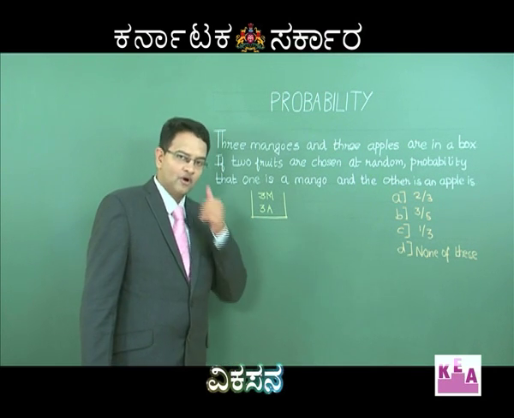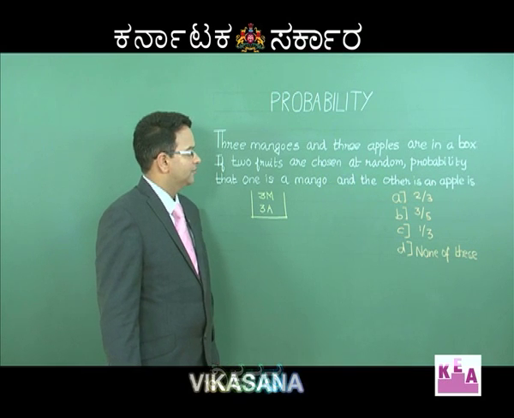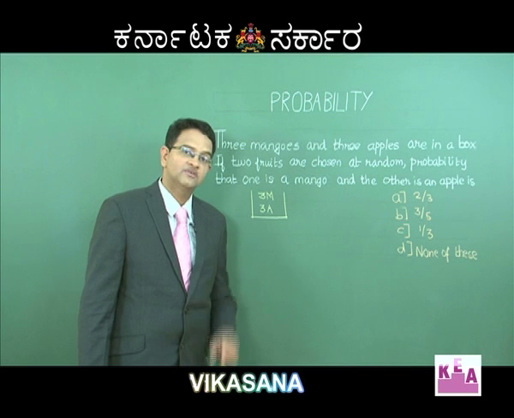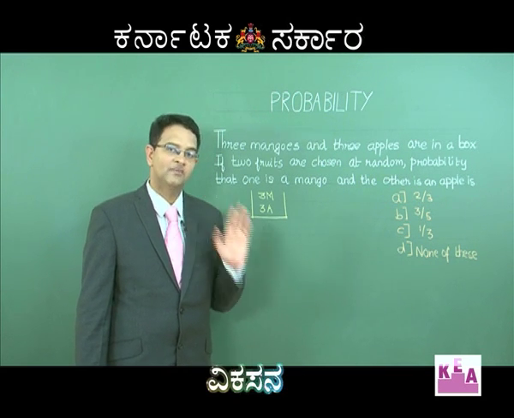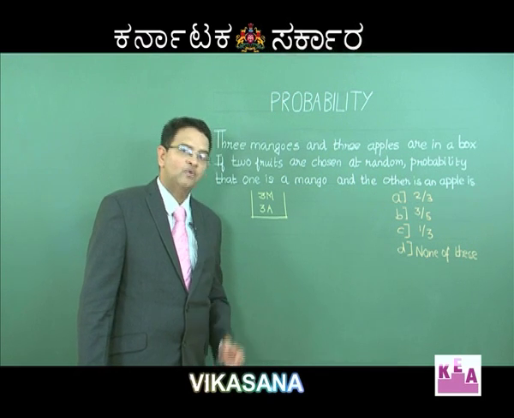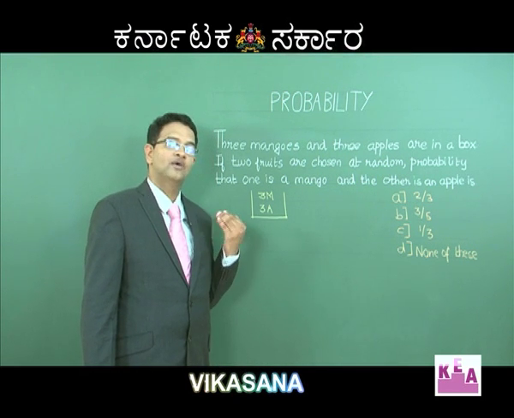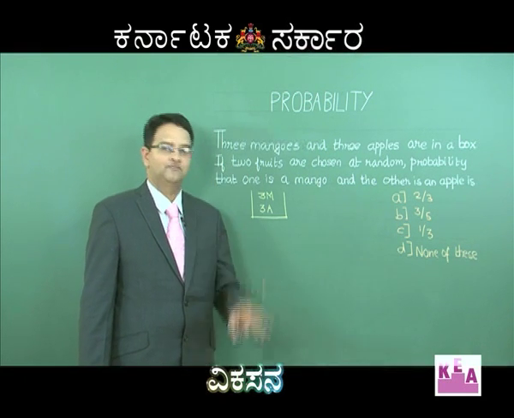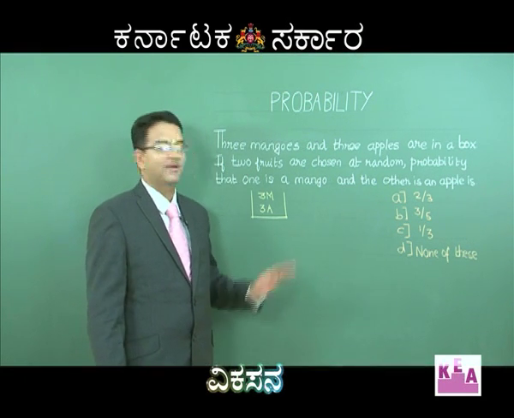And next we are going to draw an apple. How many apples do we have? There are 3 apples. And total number of fruits now is 5 because we have already taken one mango. So the probability of taking an apple now, given that a mango has already been taken, would be 3 divided by 5. And students may stop right there.